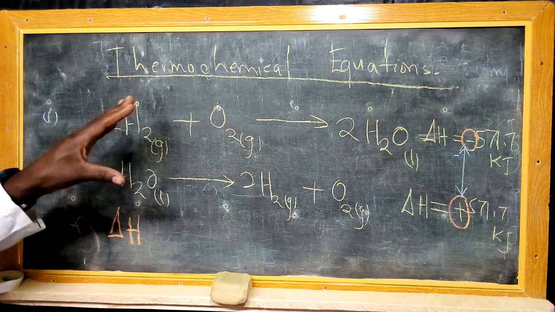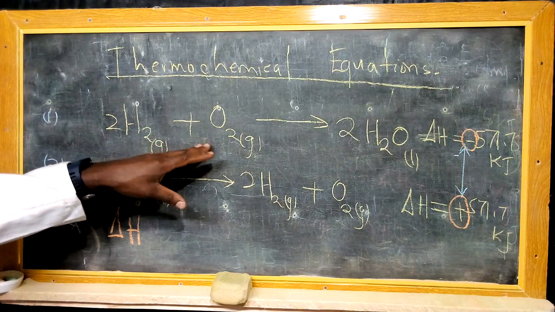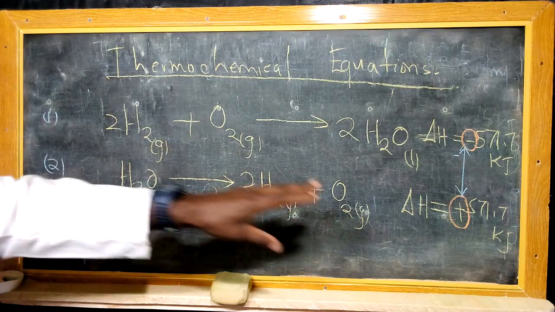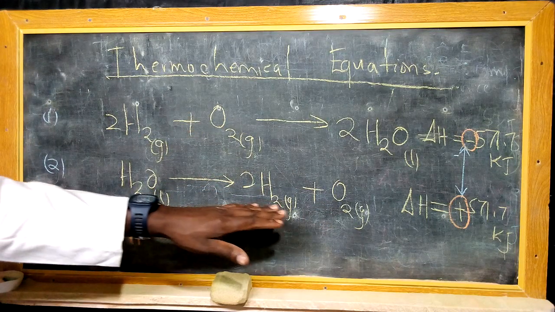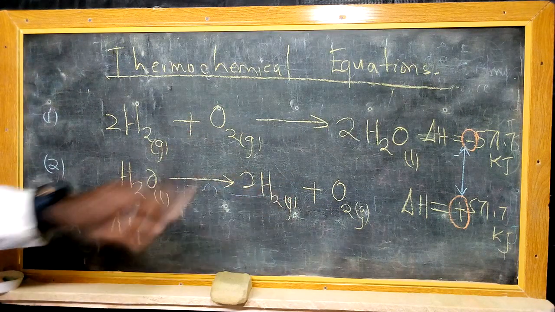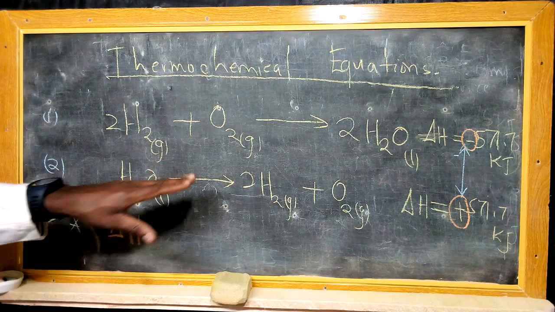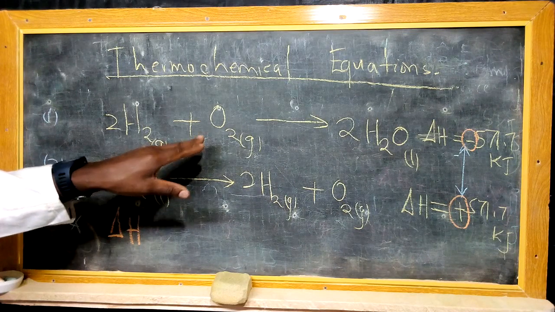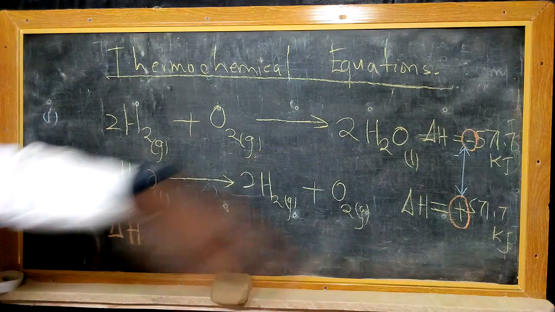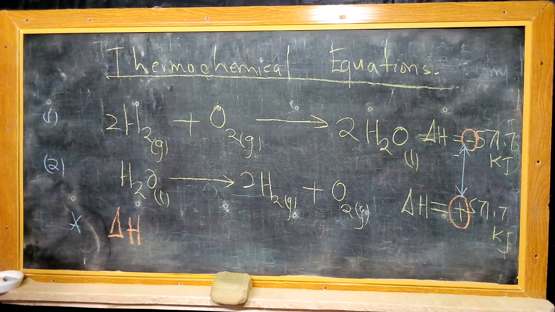So as we saw in the first case, if the coefficients are affected by half, then the heat of reaction also changes by half accordingly. In the second scenario, we have said that reversing the equation reverses the sign of the heat accompanying the values. So maybe for an exothermic reaction, reversing means it's going to be endothermic.